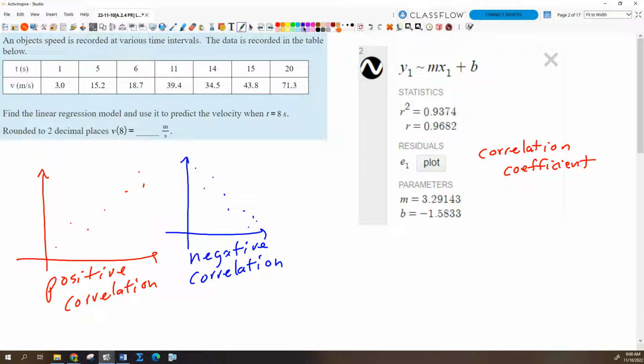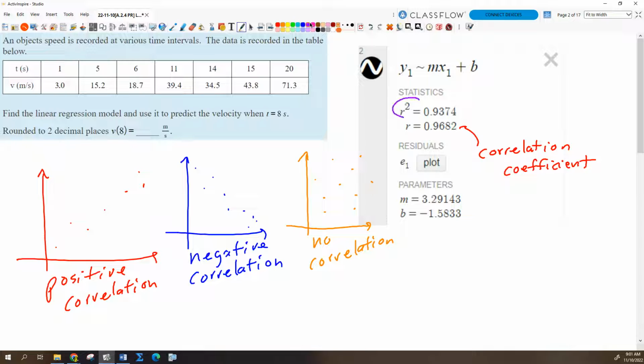And if you have something in the middle, where the data is just random and it doesn't seem to have any pattern at all, then that's no correlation.